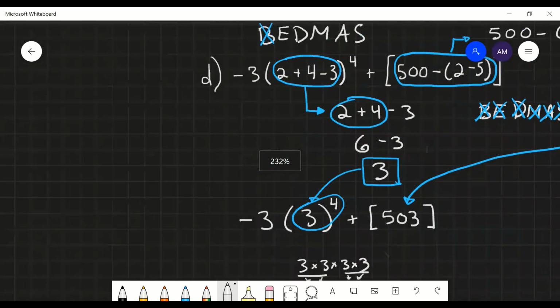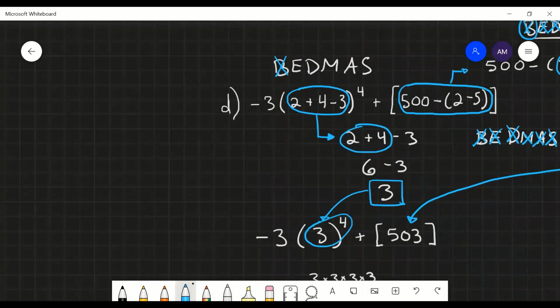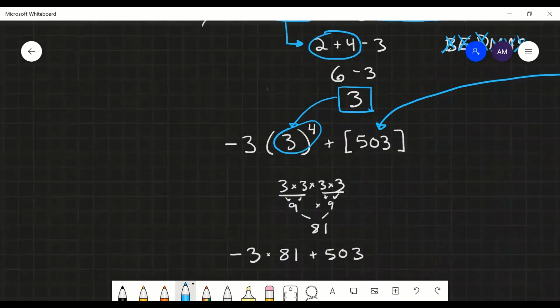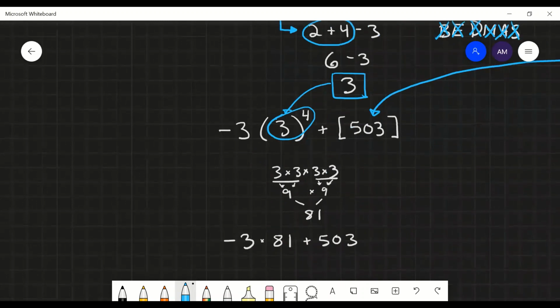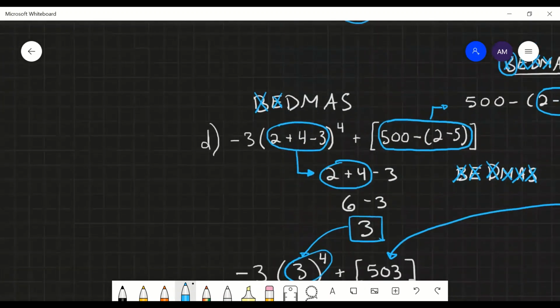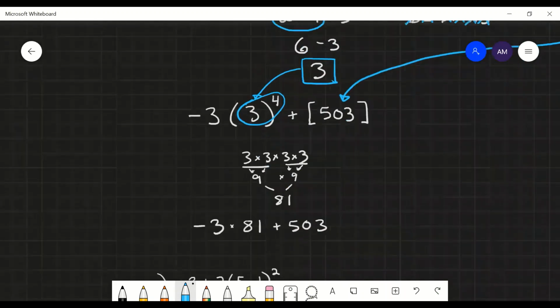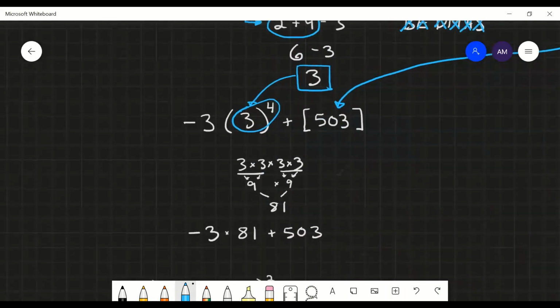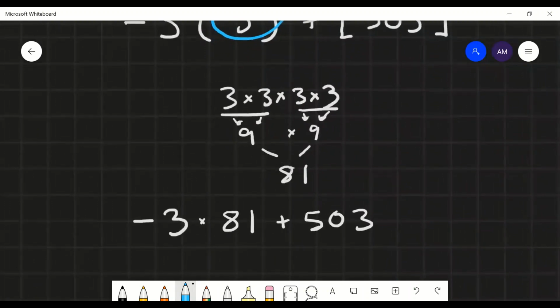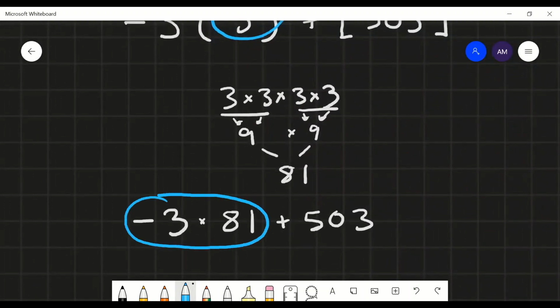Okay, so we did the exponent. So E is done in our BEDMAS. Next, are there any divisions? No. Are there multiplications? Yes. I see multiplication right here, negative 3 times 81.